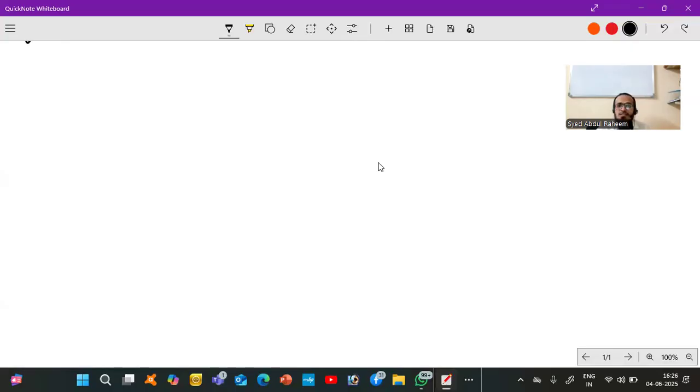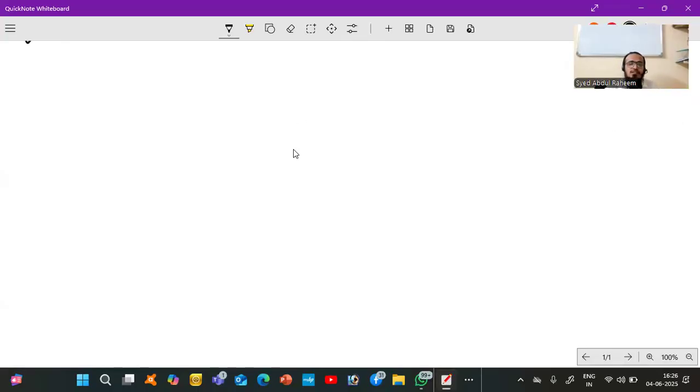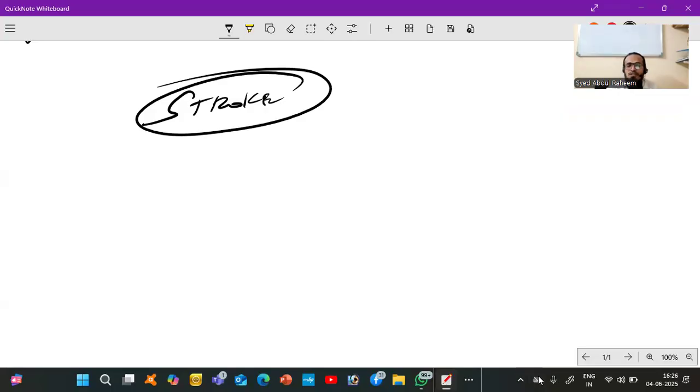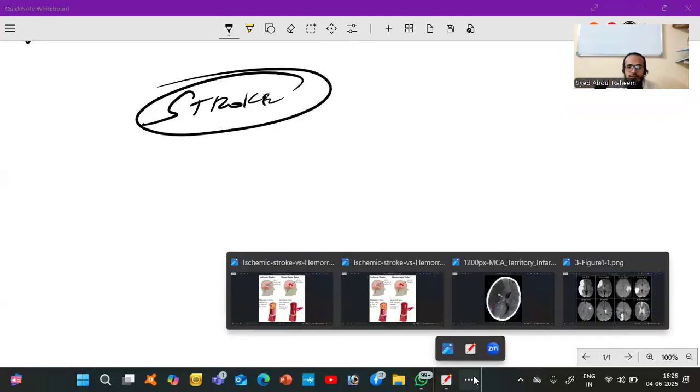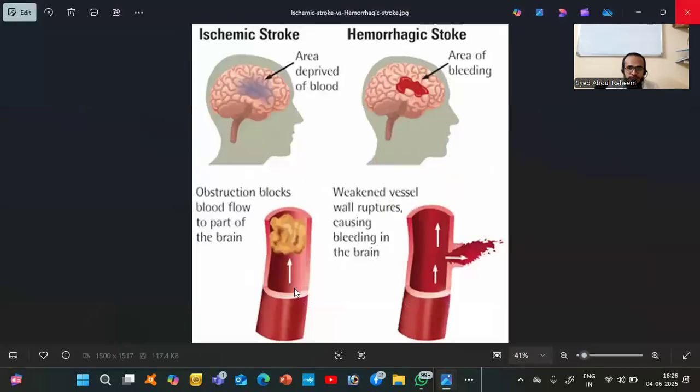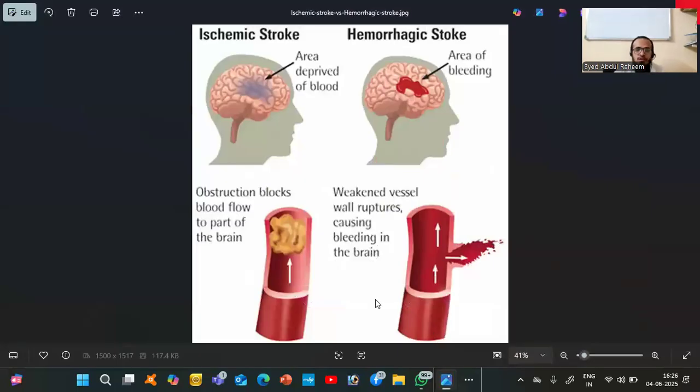So let's look at the stroke images, different images. First I will show you one image so you can understand the stroke. This is an ischemic stroke. This is the artery where the blockage has happened.